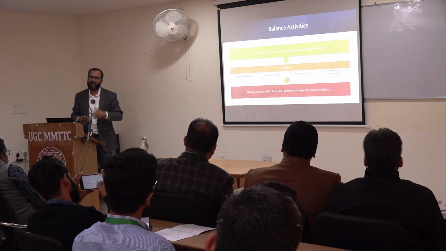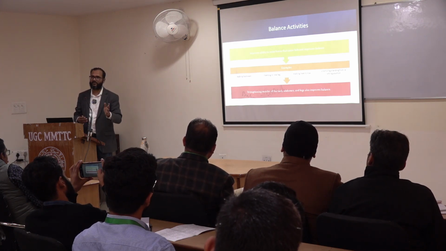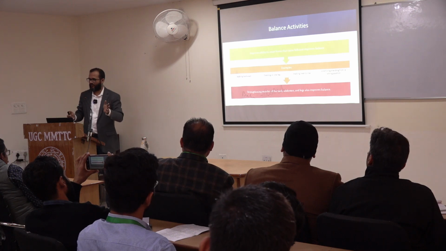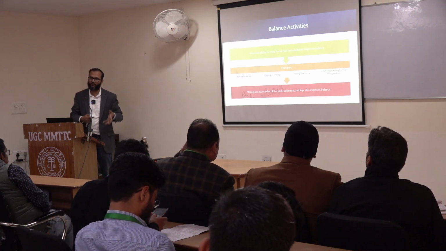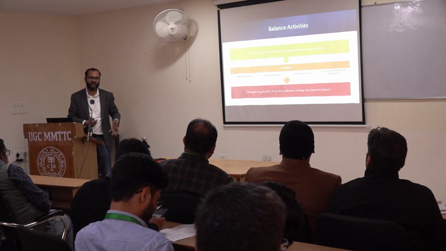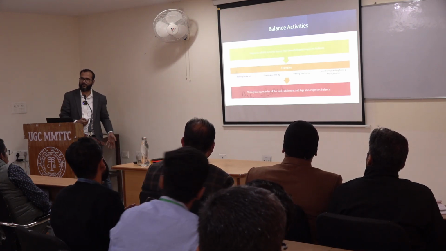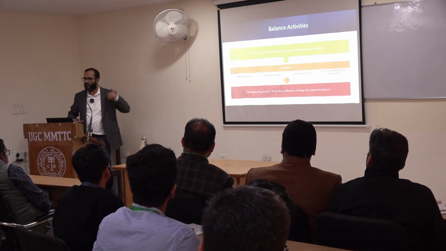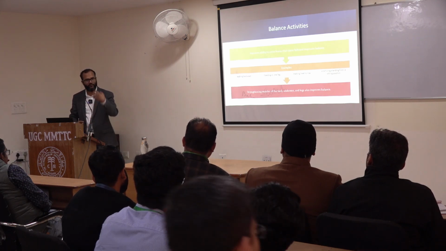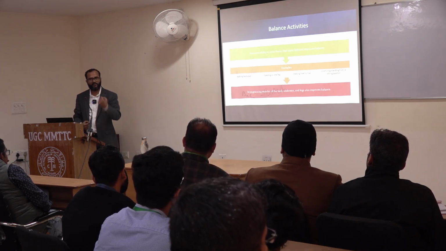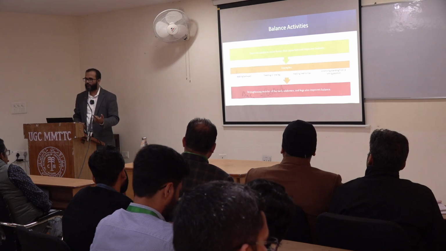Anybody and everybody trips in their life once in a while, but you quickly regain your balance if there is more strength in your axial muscles. What are those? Like calf muscles, the gluteus muscles, your back muscles, so your core body muscles. Okay, so if you strengthen them, your balance would improve.